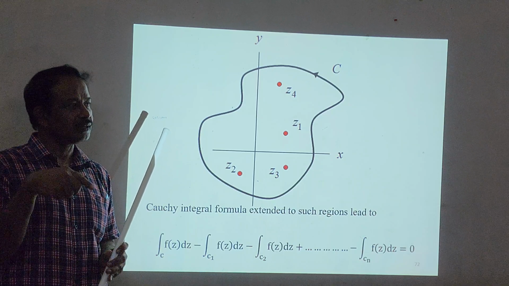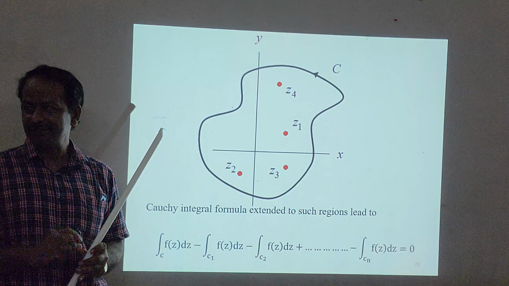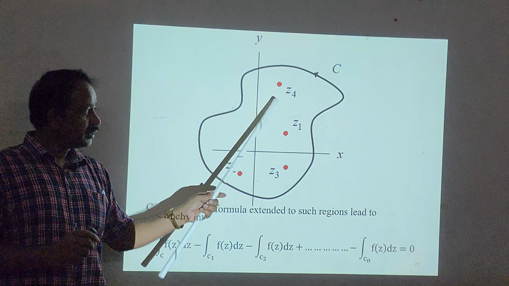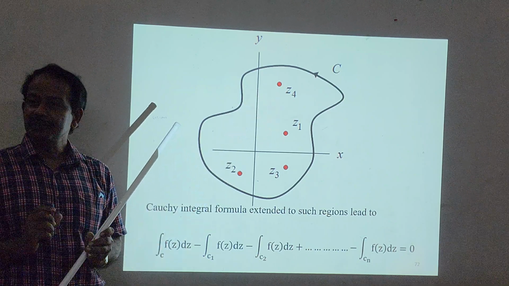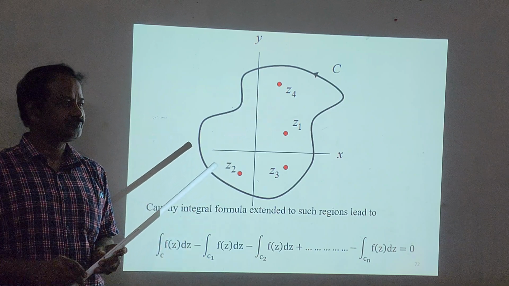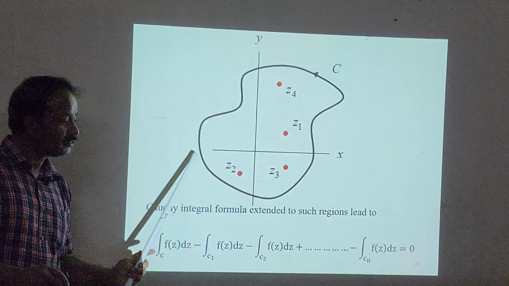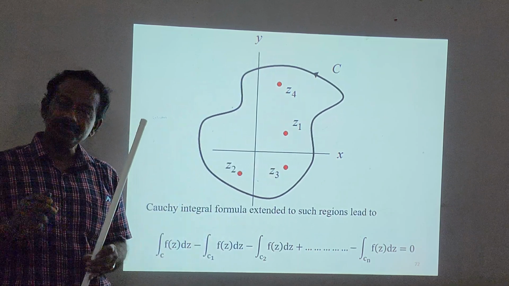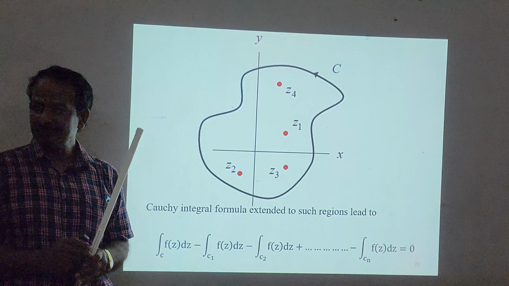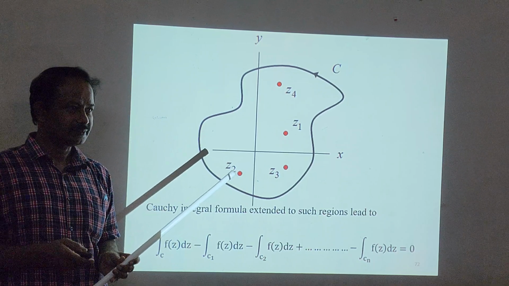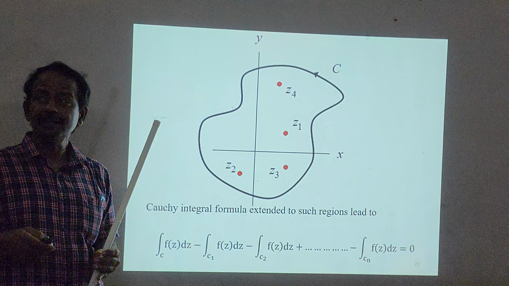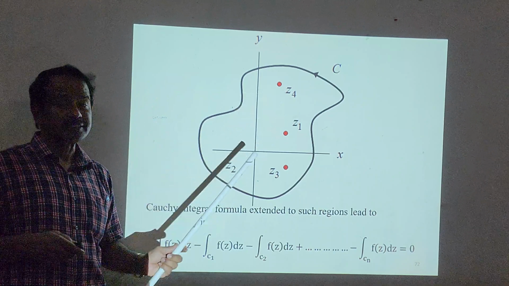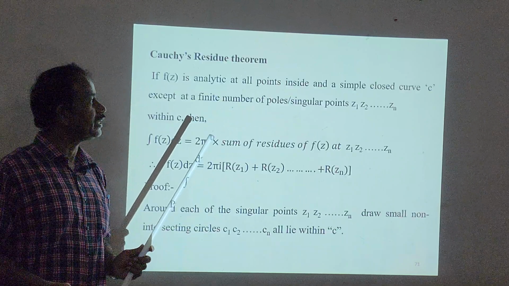Those points are called poles, or singular points, and at these points the function will not be analytical. Elsewhere the function will be analytical. Some remains will be left out, which we call residues, so we have to add all the residues here. This is the idea.